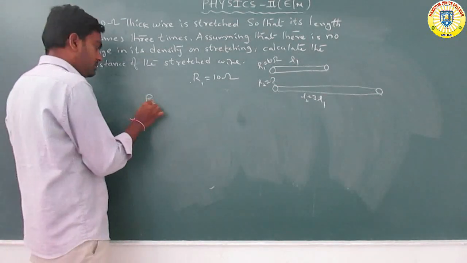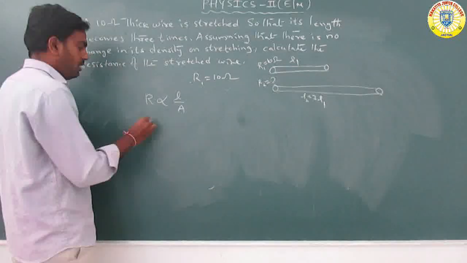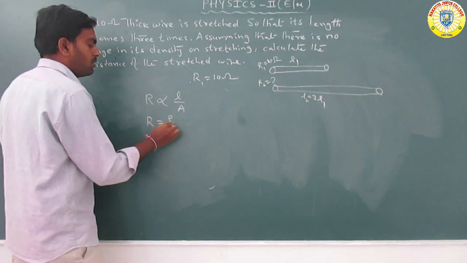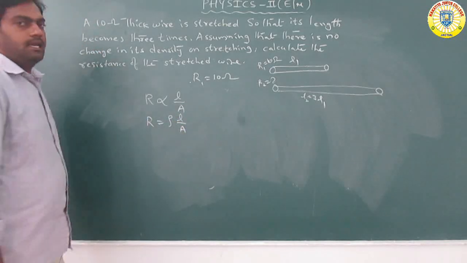R is directly proportional to length by area. R is equal to rho into L by A, where rho is the resistivity.